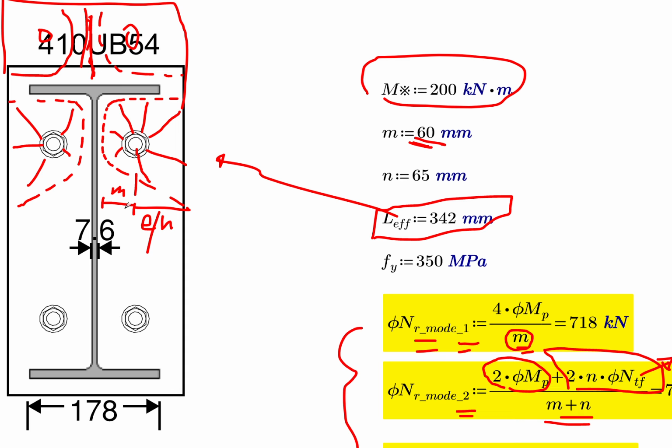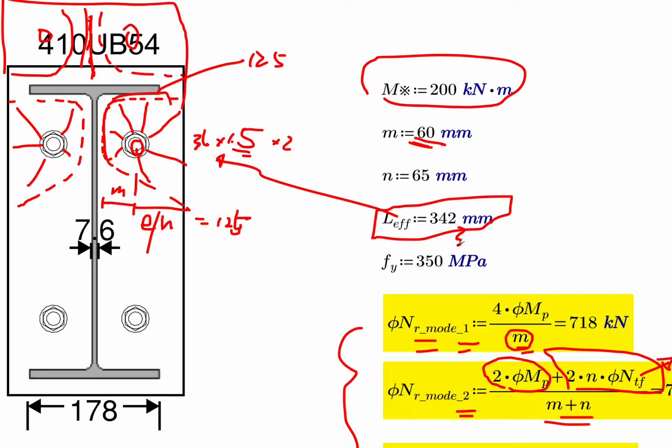In this case, I'm going to assume a length m plus n of 125, and I'm assuming 125 on the other side as well. For this bit here, my bolt is 36 mm diameter, and I'm going to times it by 1.5, which is the minimum edge distance, and times 2 of them.